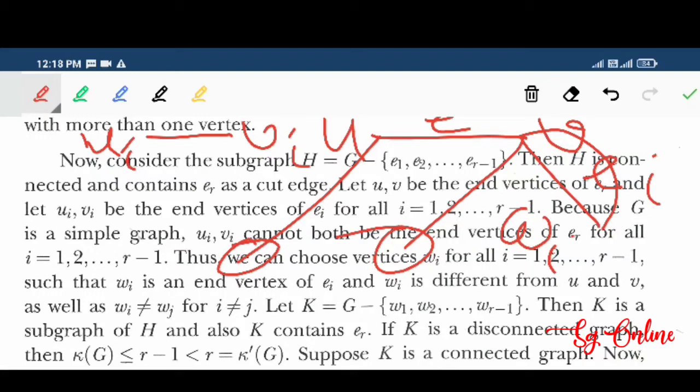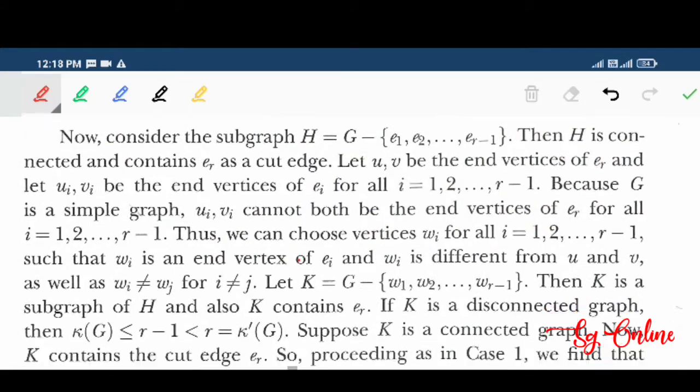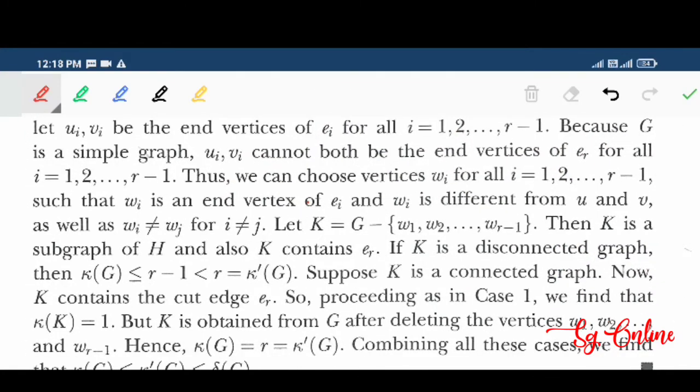So you always get one vertex that is different from U and V, and these vertices you can choose distinctly. The most important part is that Wi is an endpoint of EI and Wi is different from U and V.